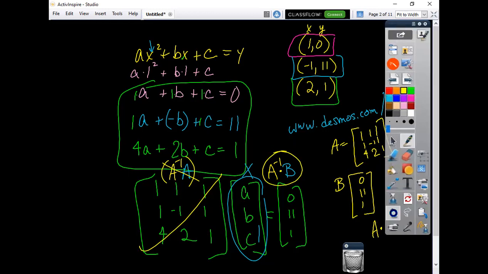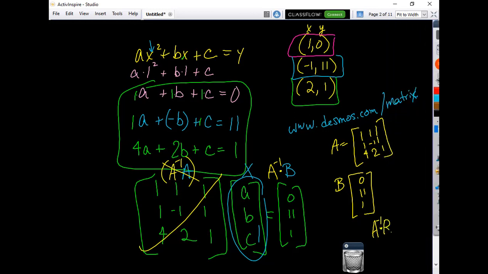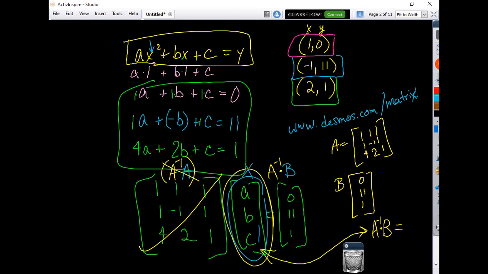So you need to go matrix A inverse times B equals, and Desmos will tell us the solution for the A, B, and C, because that's what we were finding. The A inverse B was the A, B, and C, which were the coefficients that we needed for our original problem. Whew, that's a good one.